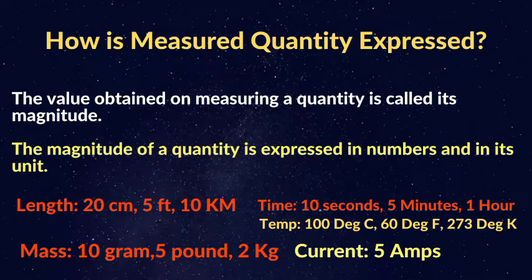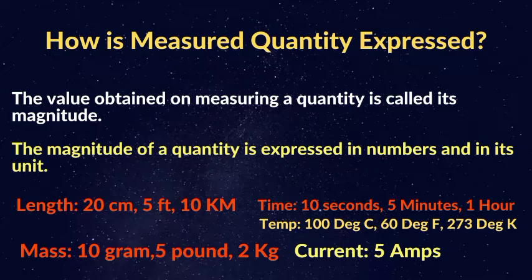The magnitude of a quantity is expressed in numbers and in its unit. Example, like length. We tell 20 centimeter or 5 feet or 10 kilometer, or 100 kilometer distance. Now first thing is the number, then is the unit. Centimeter, feet or kilometer is the unit.